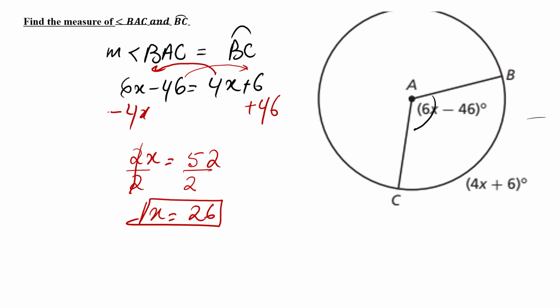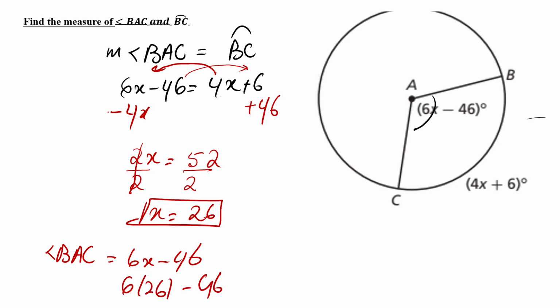Now put it in the angle BAC, which equals 6x minus 46. Replace the x by 26 and write in the calculator to get the answer. So you can write 6 times 26 minus 46. It gives us 110 degrees.